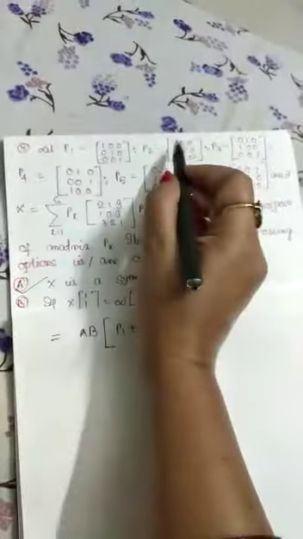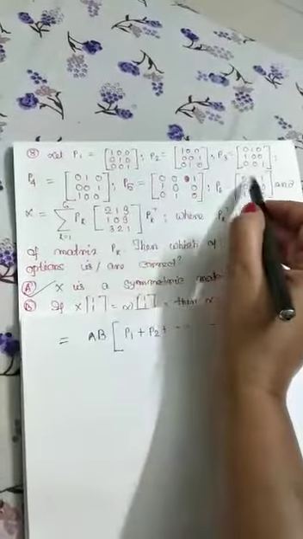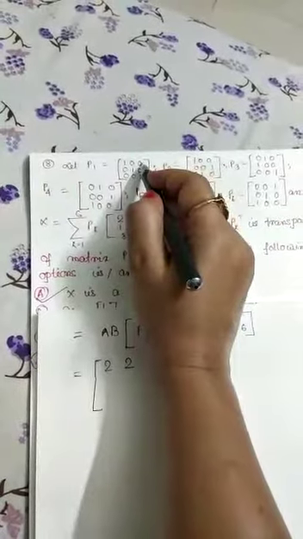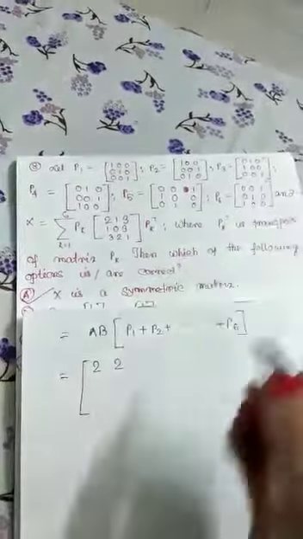We get 1 plus 1 plus 0 plus 0, first element 2, then 0, 0, 1, 1, 2, 0, 0, then 2, and so on. Therefore, it is just like that: 2, 2, 2, 2, 2, 2. We get our P1 plus P2 plus P3 up to P6.